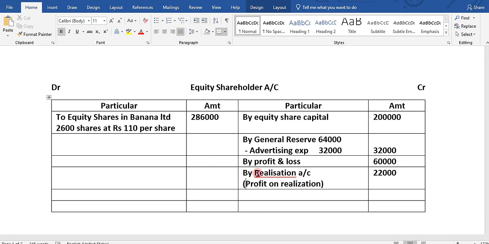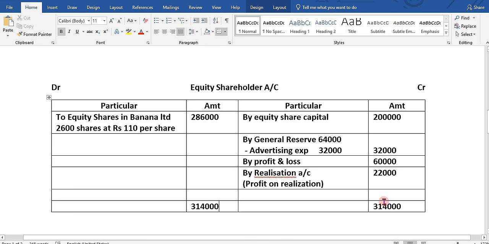Now close the account of equity shareholders. So 2 lakh plus 32,000 plus 60,000 plus 22,000, so the total will be 3,14,000, and here the balance will be carried to bank account.